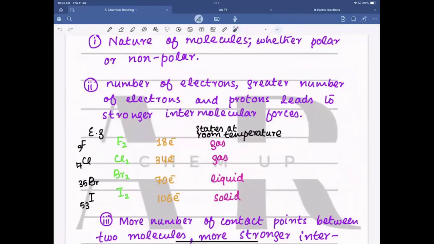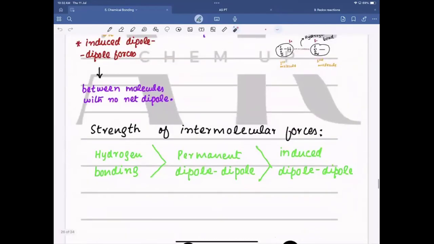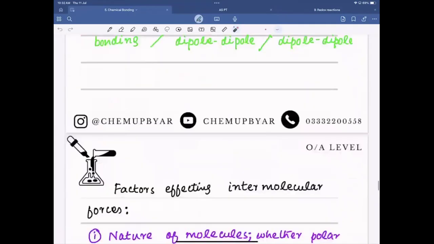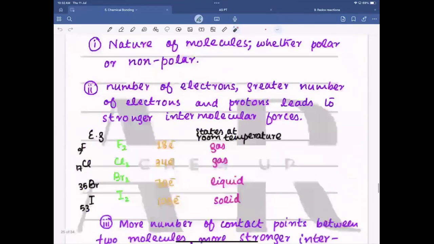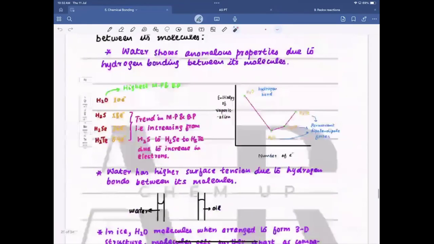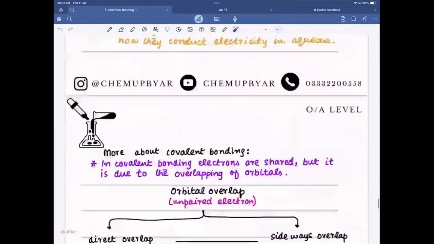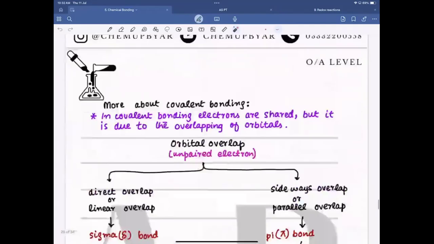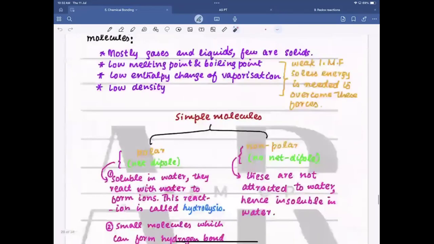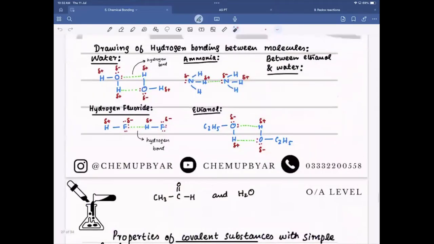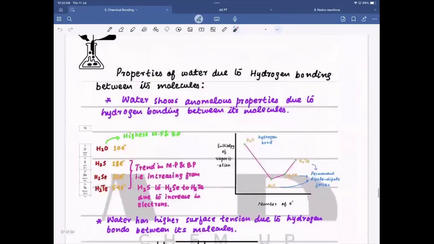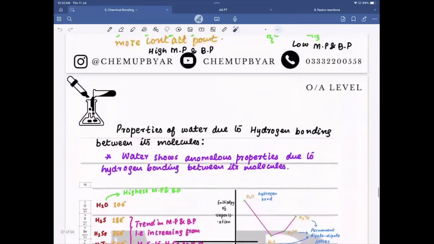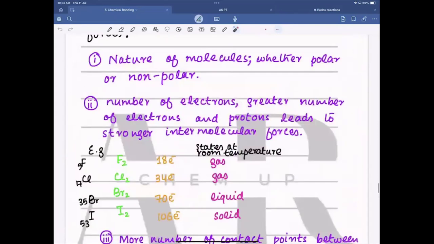Or otherwise, I will tell you one more thing. They will for sure specify it, or otherwise you have to understand this.